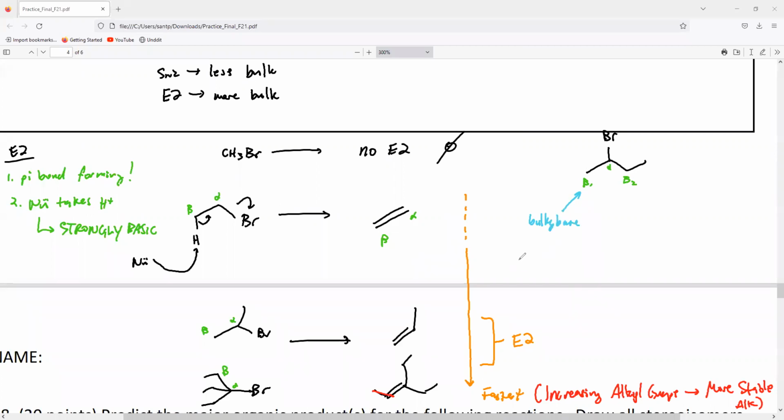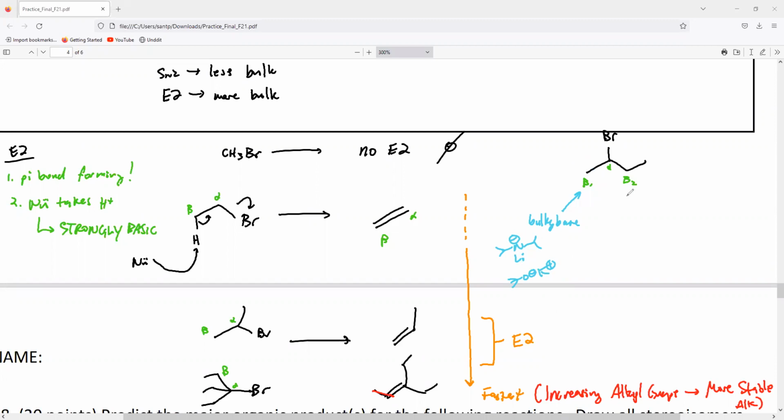There are 2 of these in this class you need to know. They are LDA, lithium diisopropylamide, and tert-butoxide, usually countered with potassium. It could be any counter ion, but the usual is potassium, no real reason why. So these are our bulky bases. If you see one of these, they'll prefer the attack on that less substituted beta.